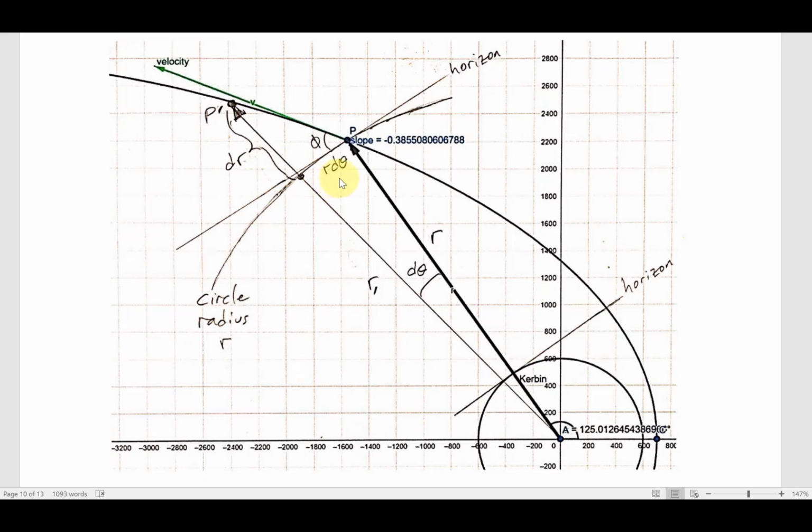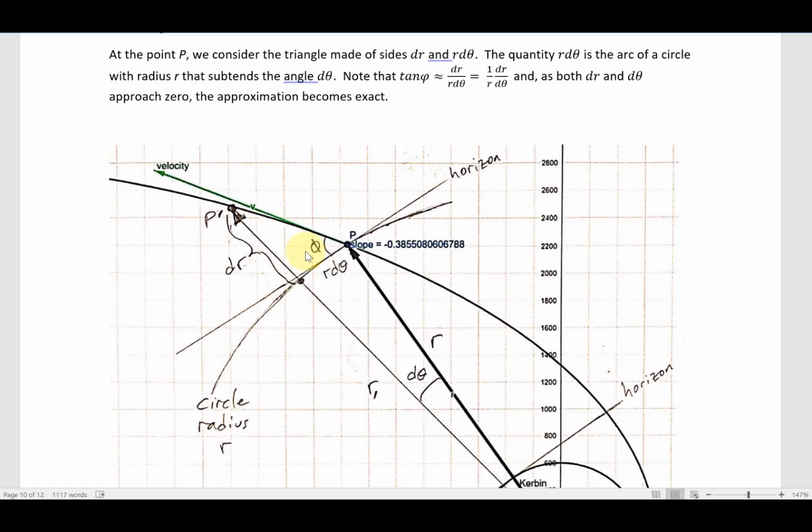That quantity r d theta is the arc of a circle with radius r that subtends the angle d theta. So note that the tangent of phi is the opposite over the adjacent, approximately. It's not precise because there's this obvious little gap here.